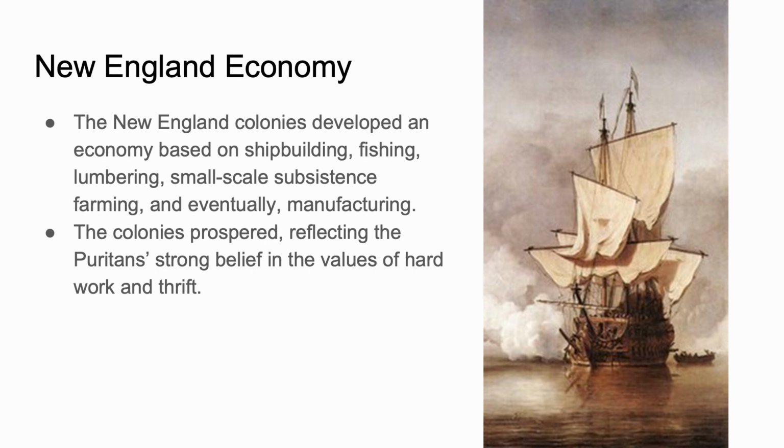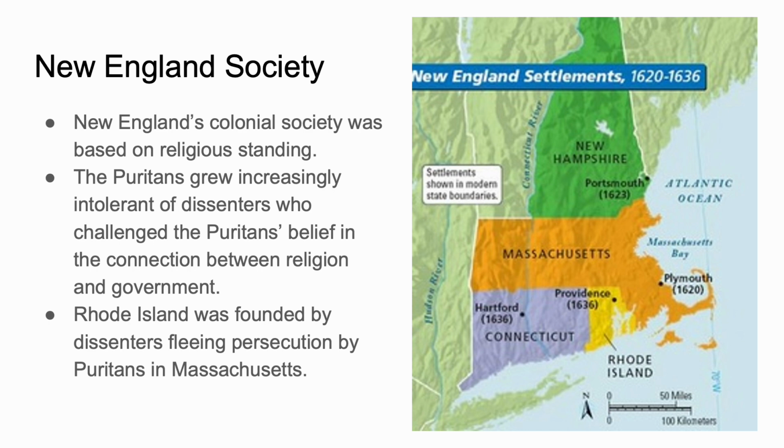The colonies were able to prosper, though, reflecting Puritans' strong belief in the values of hard work and thrift, or saving money and not overspending. As for society in New England, it was based on religious standing, and the Puritans grew increasingly intolerant of anybody who challenged Puritans' belief in the connection between religion and government.